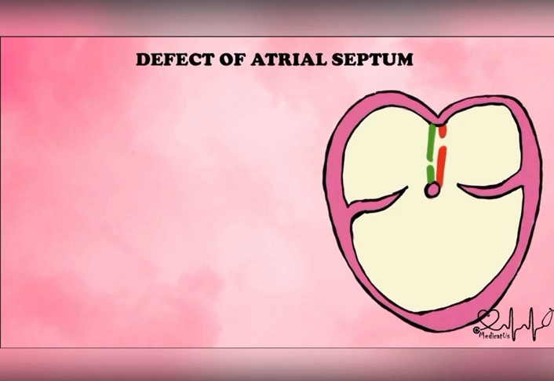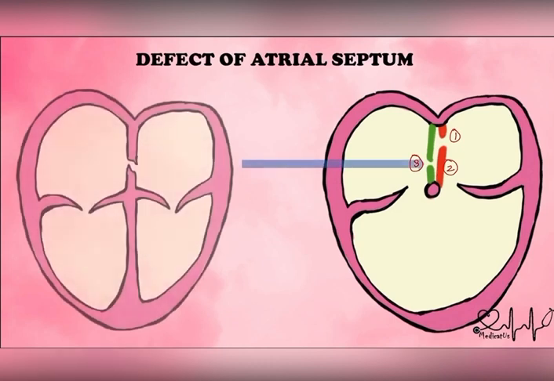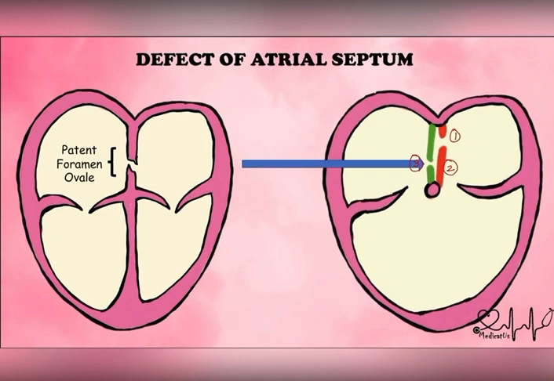The first one was when ostium secundum was not closing. The second one is when ostium primum was not closing. And now the third one is when this foramen ovale is not closing properly, leading to patent foramen ovale.